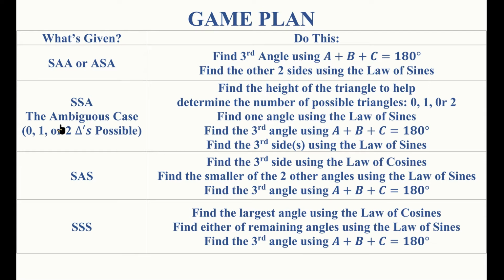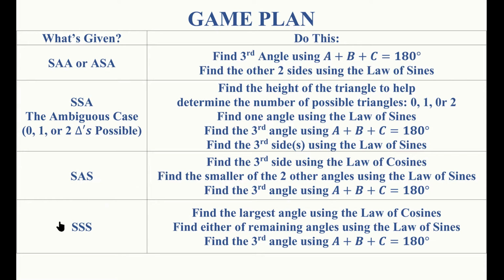For SSA, the indeterminate case, we're going to first find the height. That'll help us determine the number of possible triangles. Then we'll find one angle using the law of sines. The third angle we can just get from the sum of the angles for triangles. And of course, we can get the third side by using the law of sines a second time.